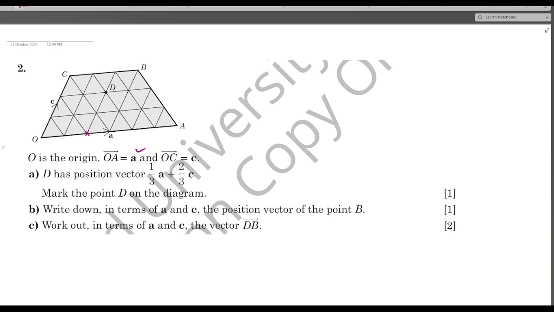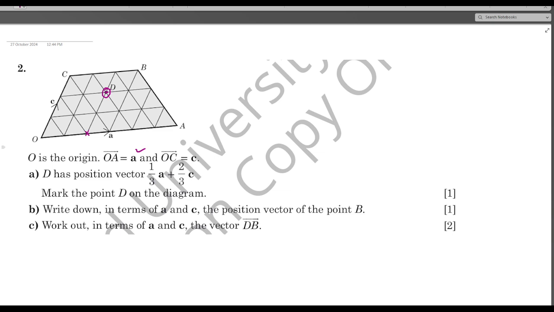Then 2 by 3C, so 1, 2, 3, 2/3 is here. Okay, so already the point is marked. It is already marked on the diagram. Maybe there is some mistake in the diagram. This is your point D.